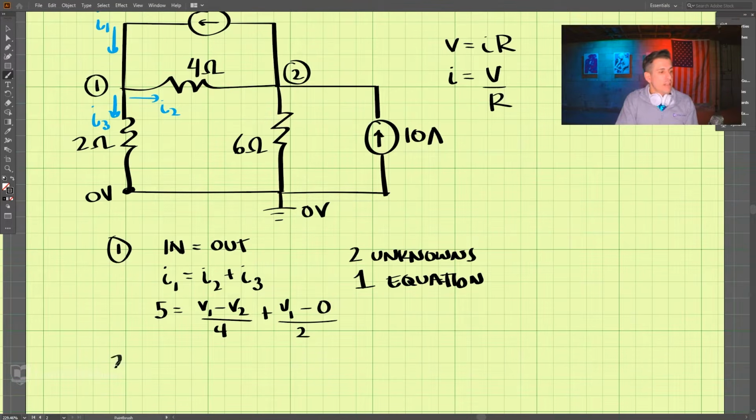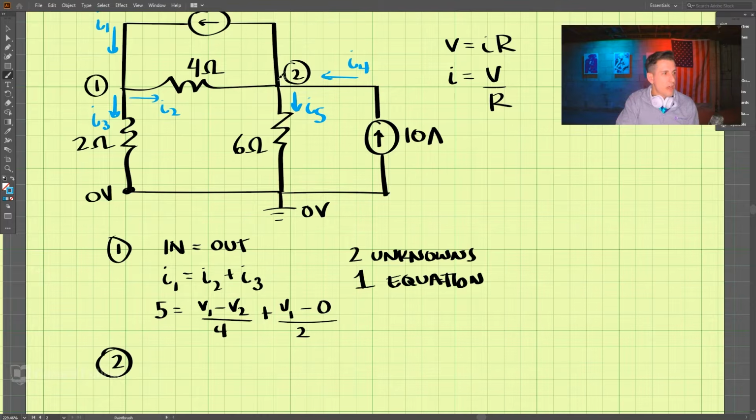So let's look at node 2 right here, and we will draw our values here. So we have I2 coming in here, and then we have I4, I'm sorry, I4, and I5.